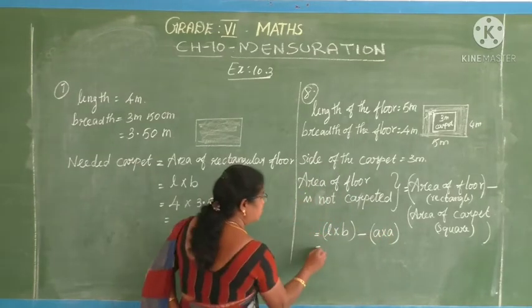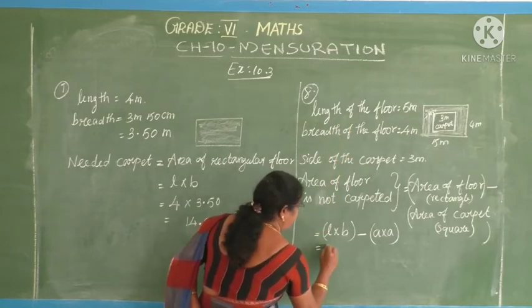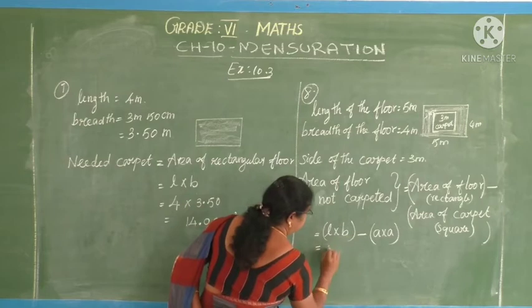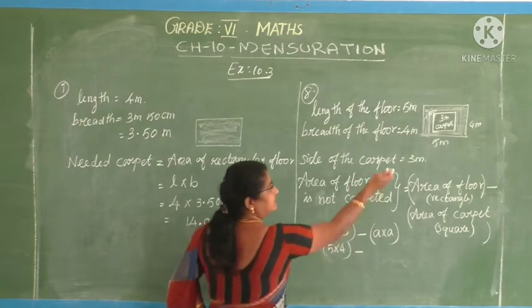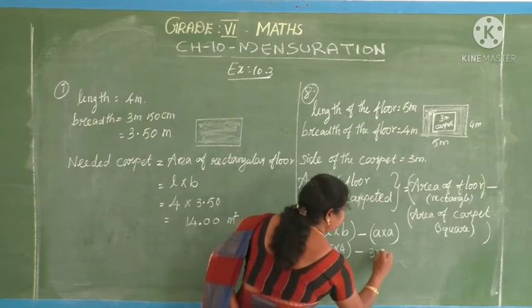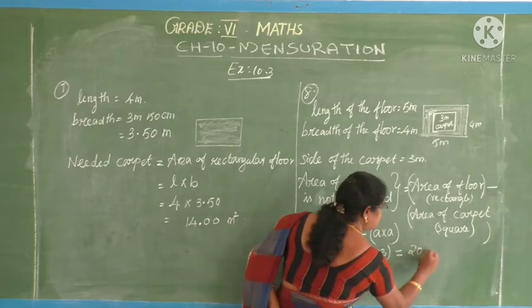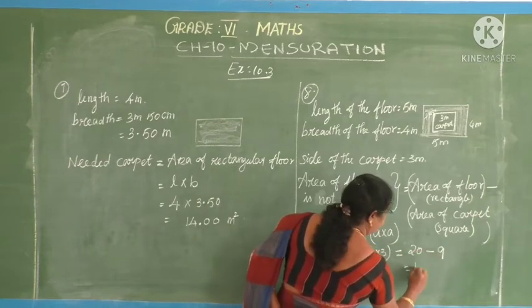So we substitute L into B, length into breadth, 5 into 4, minus side 3 into 3. So which is equal to 5 4s are 20 minus 3 3s are 9, equal to 11.